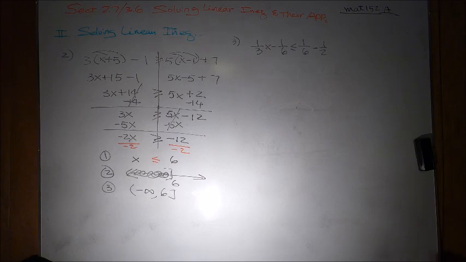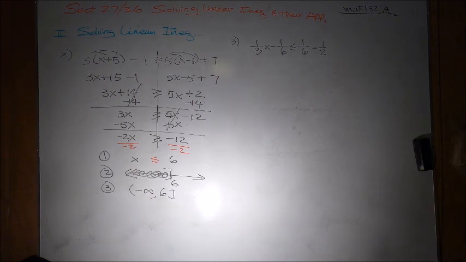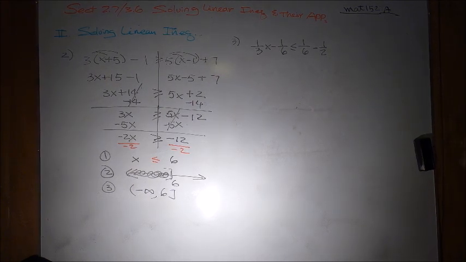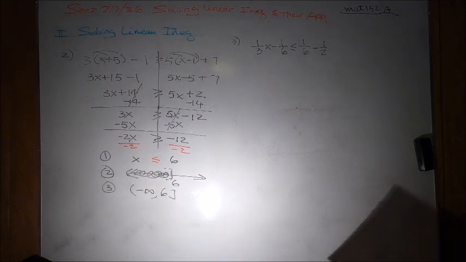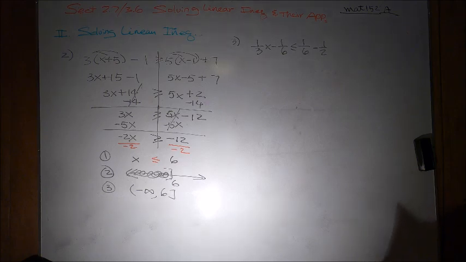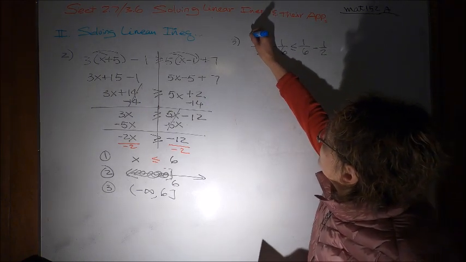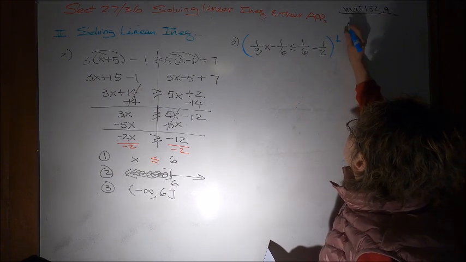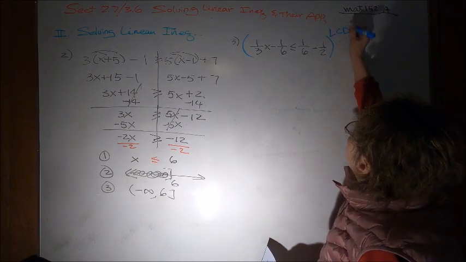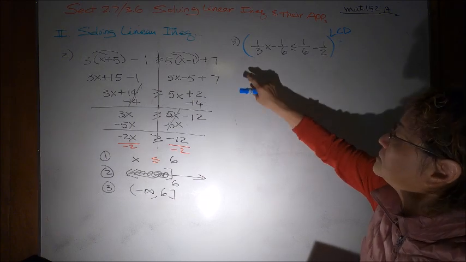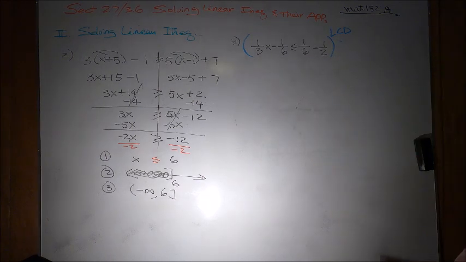It has fractions. So we don't really like fractions, so what can we do? How about get rid of it? How? You want to get rid of all the denominators. Then you need to multiply them by what? LCD, right? For all of them to be able to eliminate the denominator.